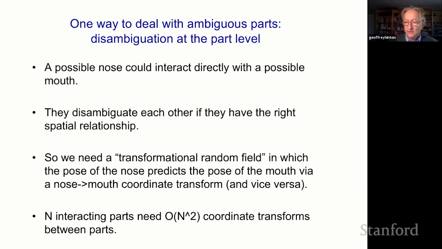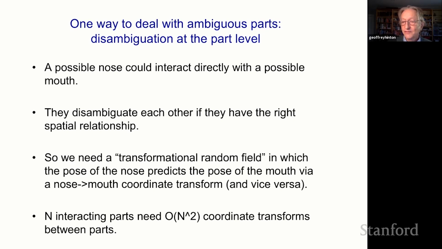by coordinate transforms. Let's take a nose and a mouth, because that's my standard thing. If you take something that might be a nose and you want to ask, does anybody out there support the idea I'm a nose? Well, what you'd like to do is send to everything nearby a message saying, do you have the right kind of pose and the right kind of identity to support the idea that I'm a nose?